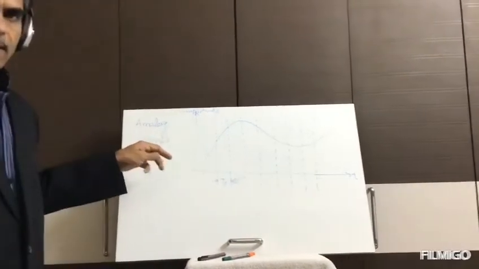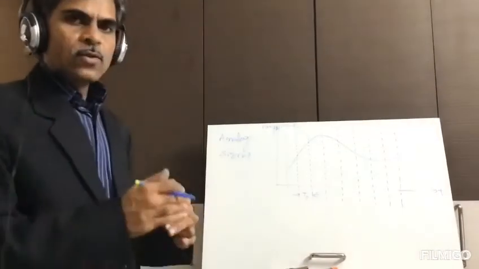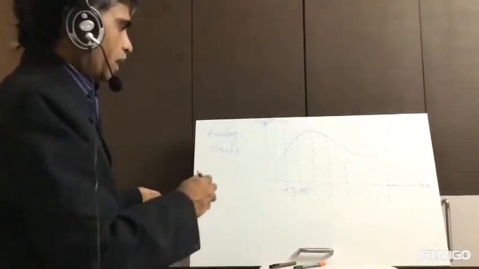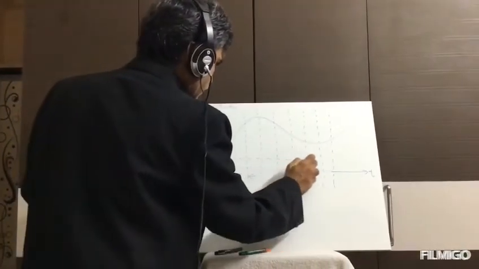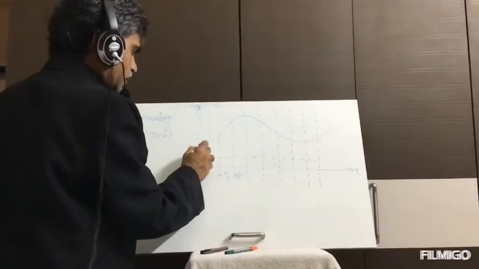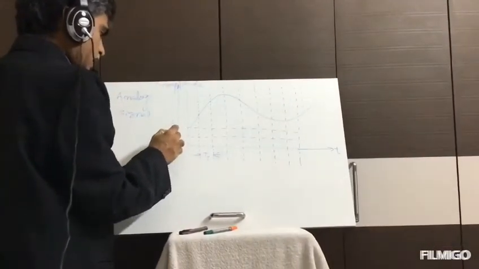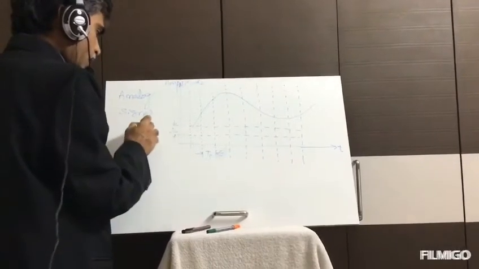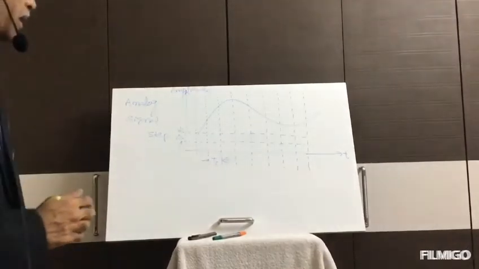And also we divide this amplitude scale into so many segments here, and each segment is going to be called a step. This is a step size, in other words. It is indicated by delta.